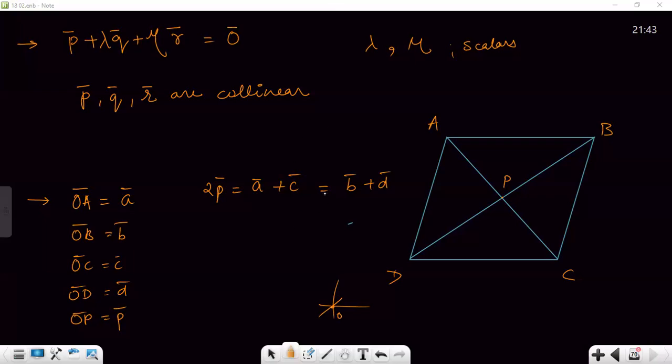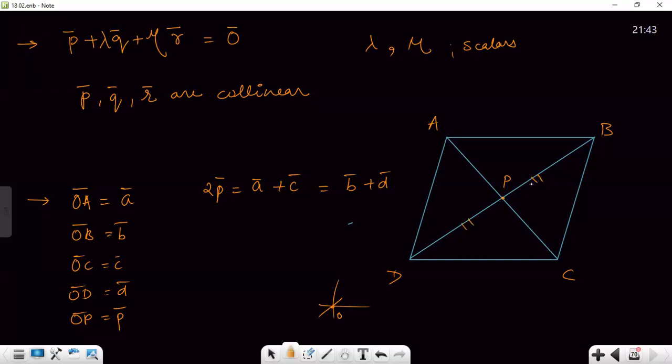So 2P is equal to A vector plus C vector. This can also be written as P vector is equal to A vector plus C vector divided by 2. Bisect each other means this part is equal to this part.